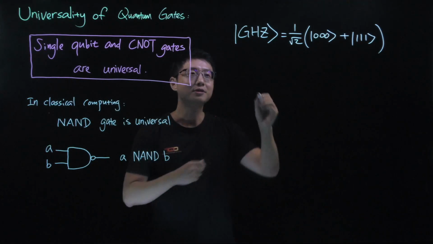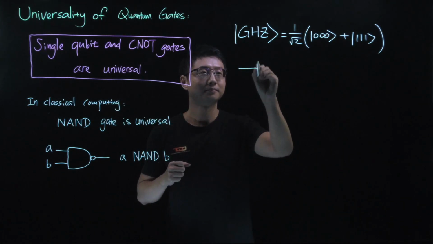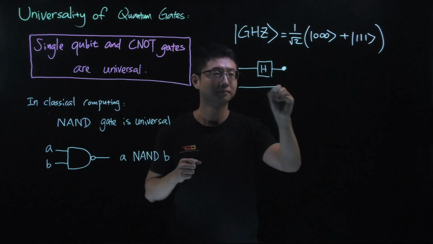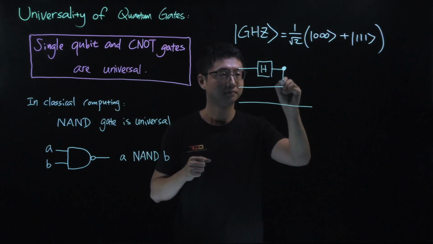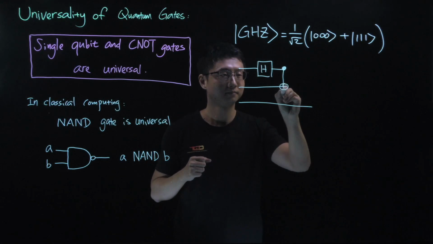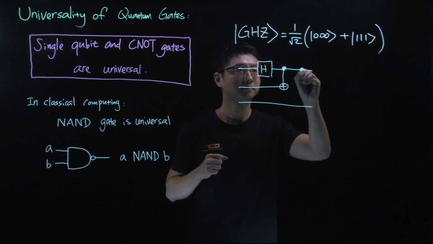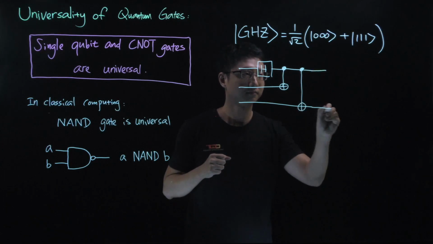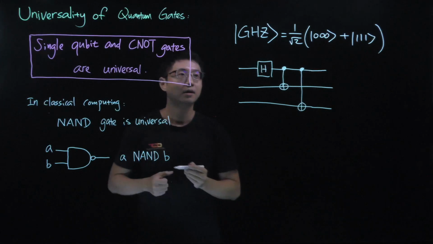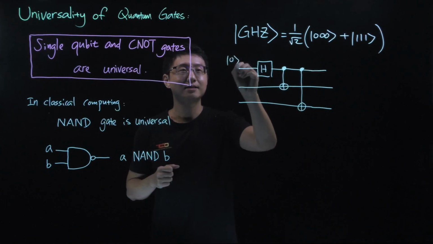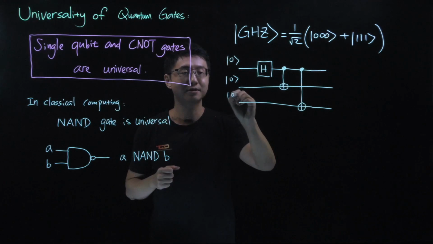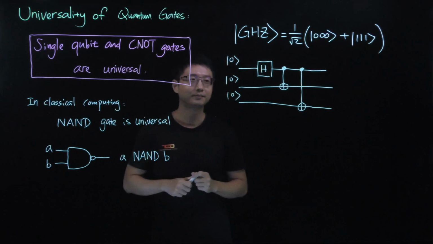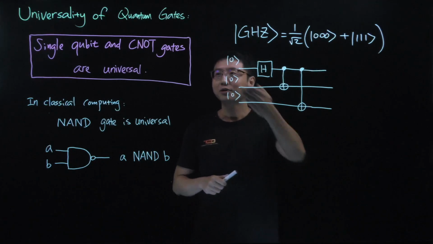The circuit goes like this. So here we will initialize the state as a product state of 0, 0, 0, and apply a Hadamard on the first qubit. After that, we apply 2 CNOT gates.